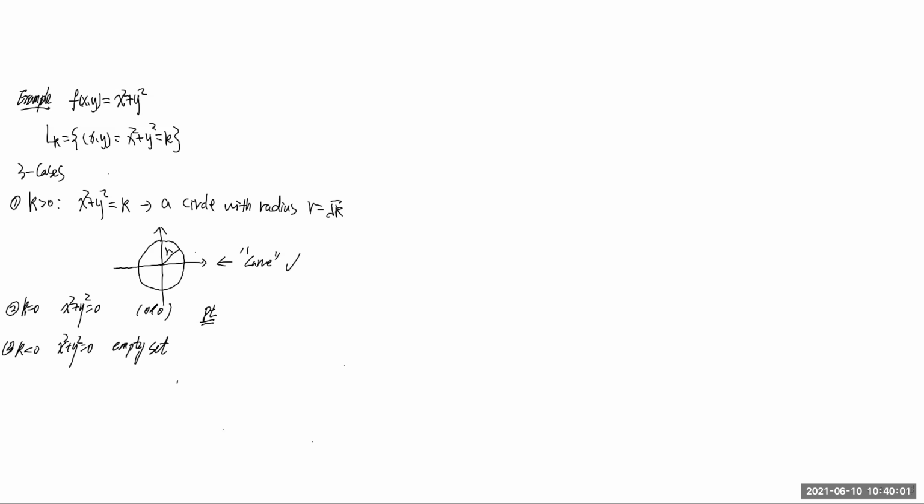Just keep in mind that we only care about the good case in our class. The third one is empty, nothing, right? This is what we care about. We will not try to understand the level set for the bad case, we only care about the good case. The reason is that it's too hard for you guys.